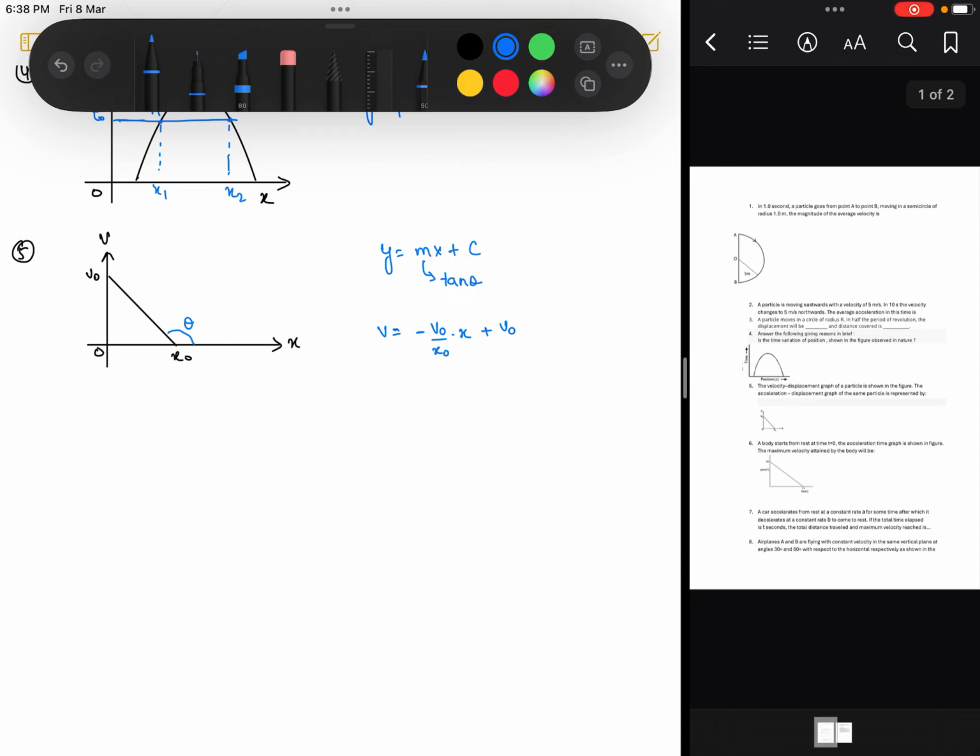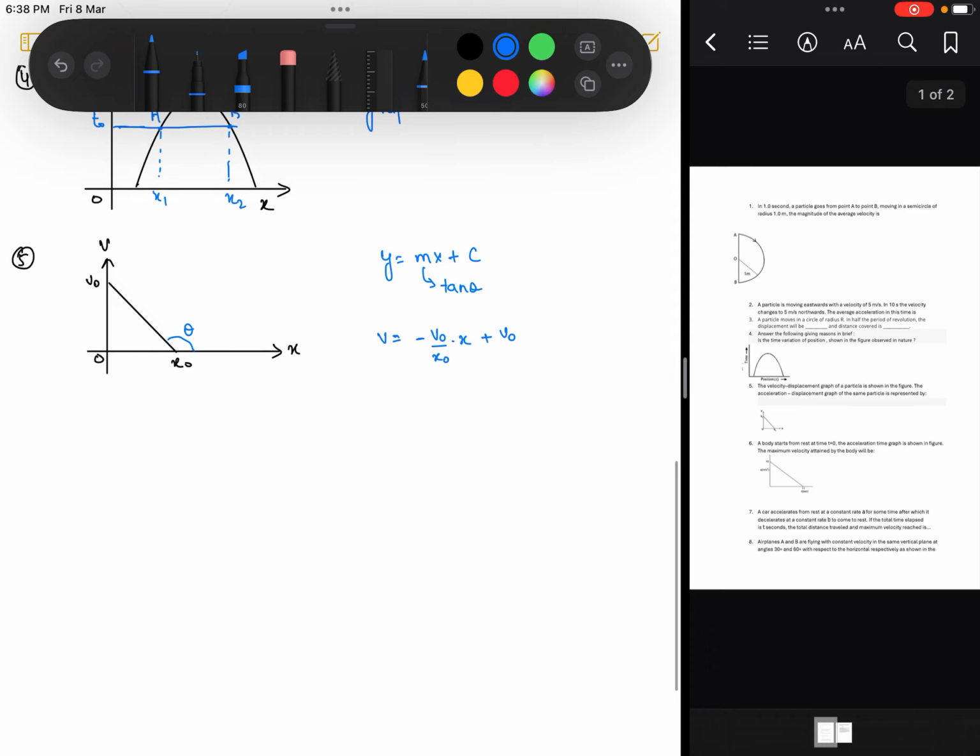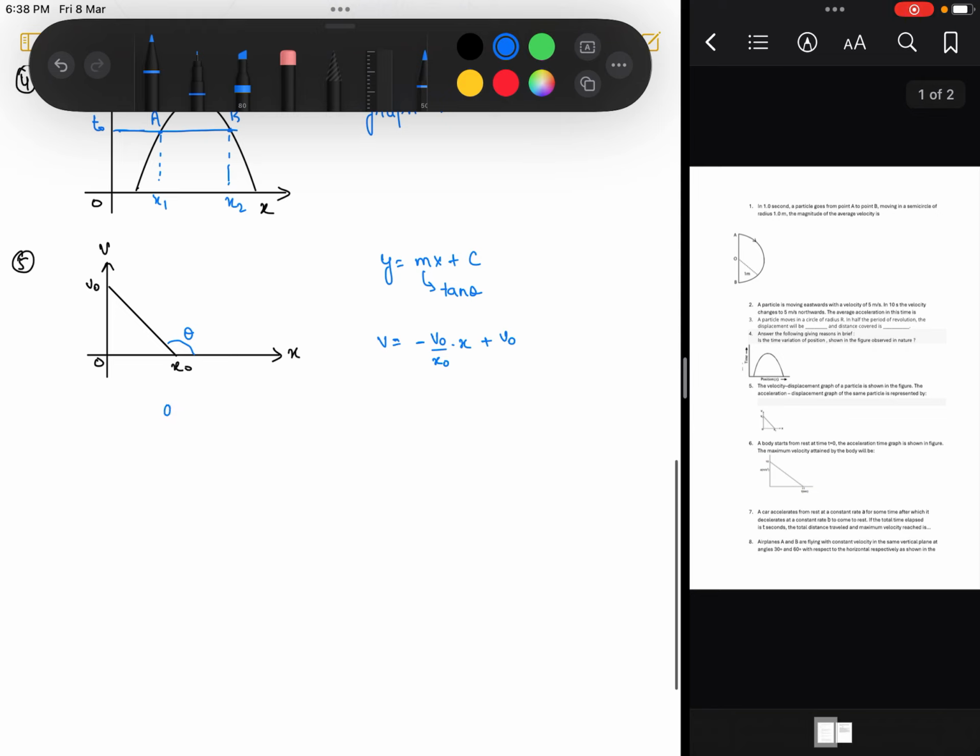Okay, now we know that the acceleration is defined as dv by dt, and also the acceleration is defined as v dv by dx.